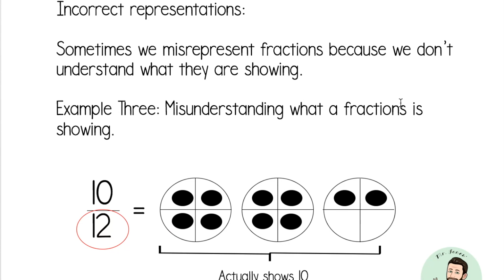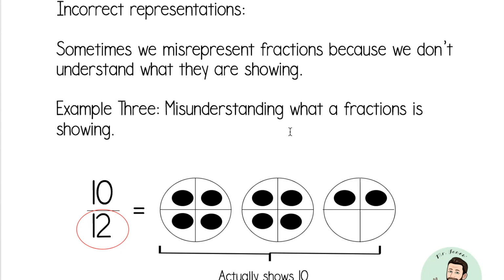So here's another example. This is an example of not understanding what a fraction is really showing. Here the person is trying to express 10/12, and they've said, okay, I'm going to use 3 pizzas, 3 fraction circles, and altogether I have 12 pieces, which is my denominator, and I'll do dots on 10 of them to show that they're eaten up or they have pepperoni or something.